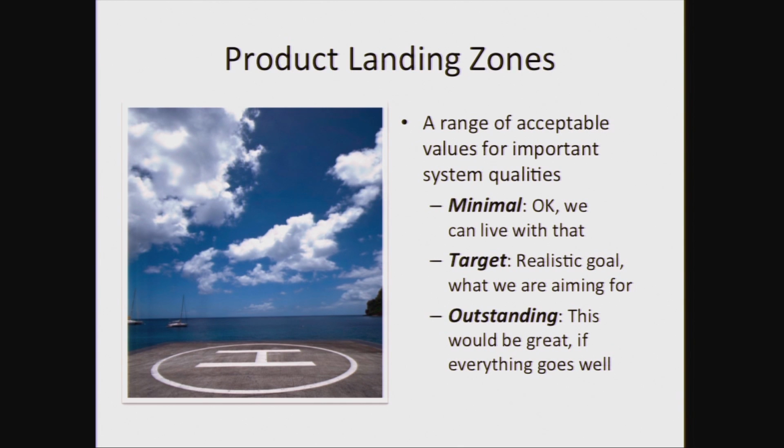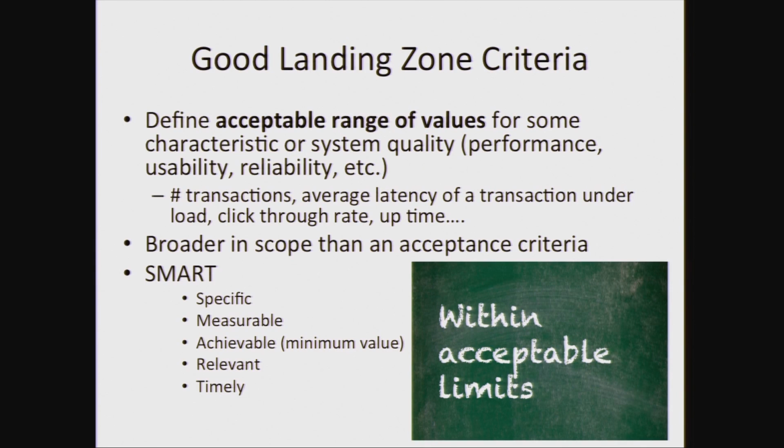We need some slack. We don't always have one number for a performance target. And so typically landing zone values have, for a success criteria, minimal values, which mean you can live with that, acceptable targets, what we're aiming for, and outstanding, this would be great if everything goes well.